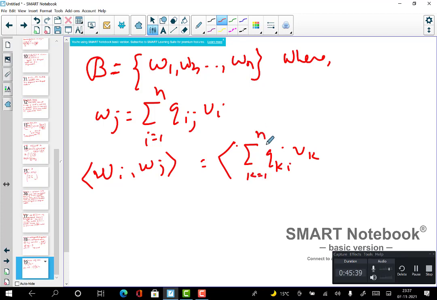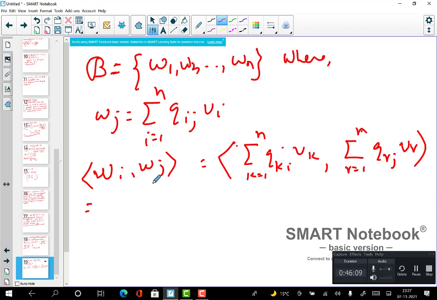Okay, and for j let me write down omega j equal to summation q rj v r, r equal to 1 to n. So here k is the running variable, and similarly here r is the running variable. Now if you do the inner product, they will have what?